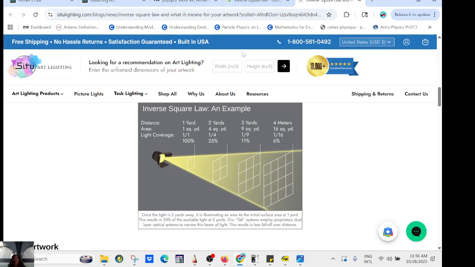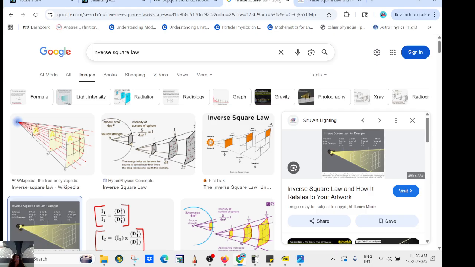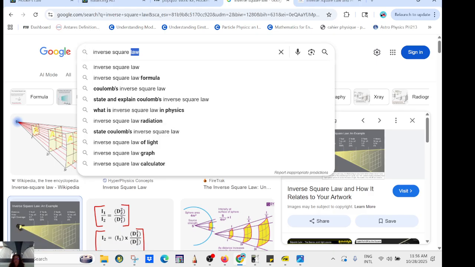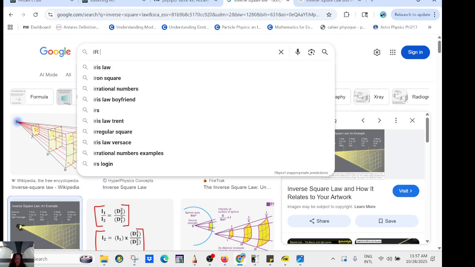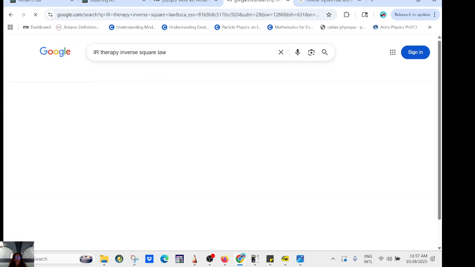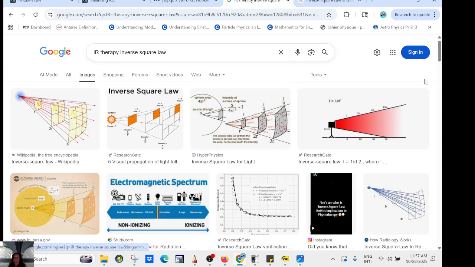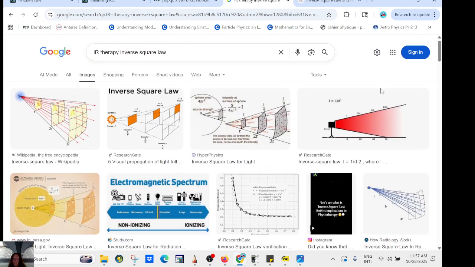If you are doing red light therapy, if you are working in physical therapy or wellness, it applies also to infrared therapy, the inverse square law, so you can understand how much you are getting as a function of the distance.